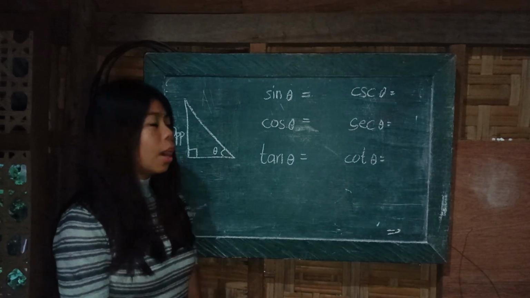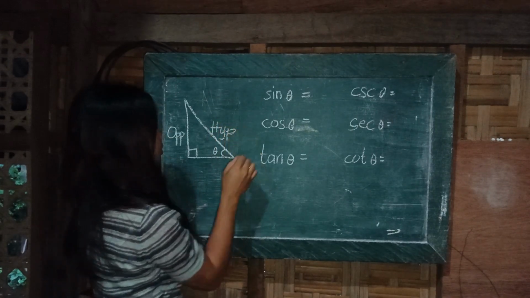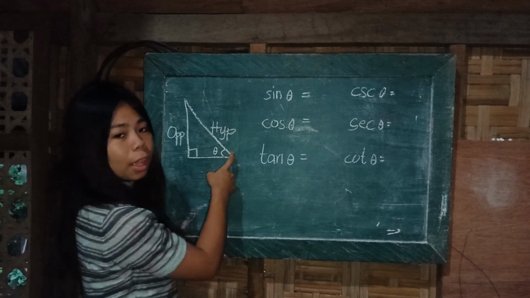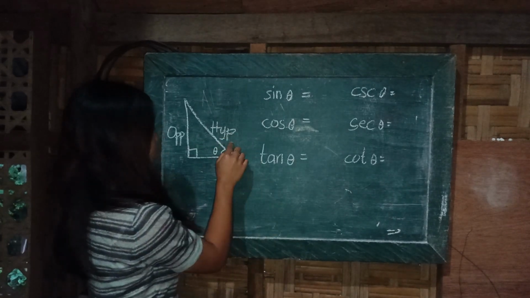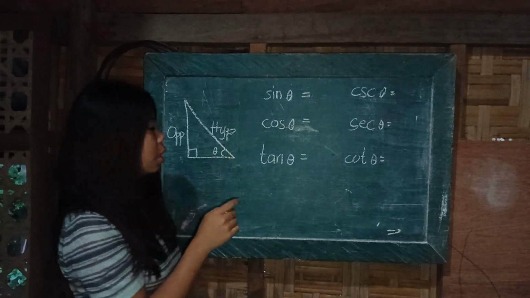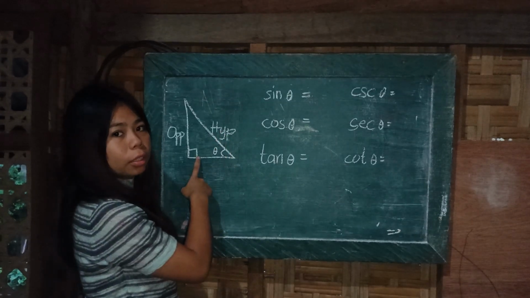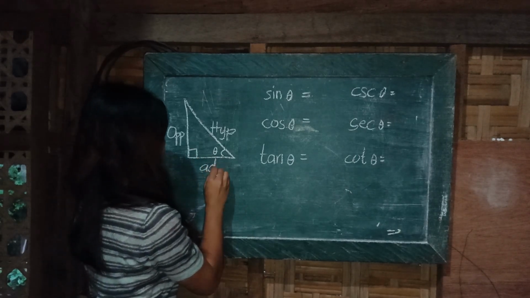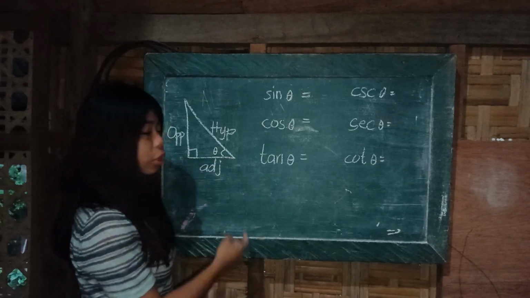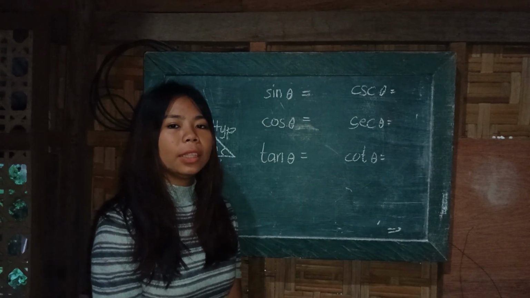And since this is the hypotenuse, the longest side, this is always the hypotenuse. Nothing will change because this is opposite the right angle of our right triangle. And this is our adjacent, or the short side.